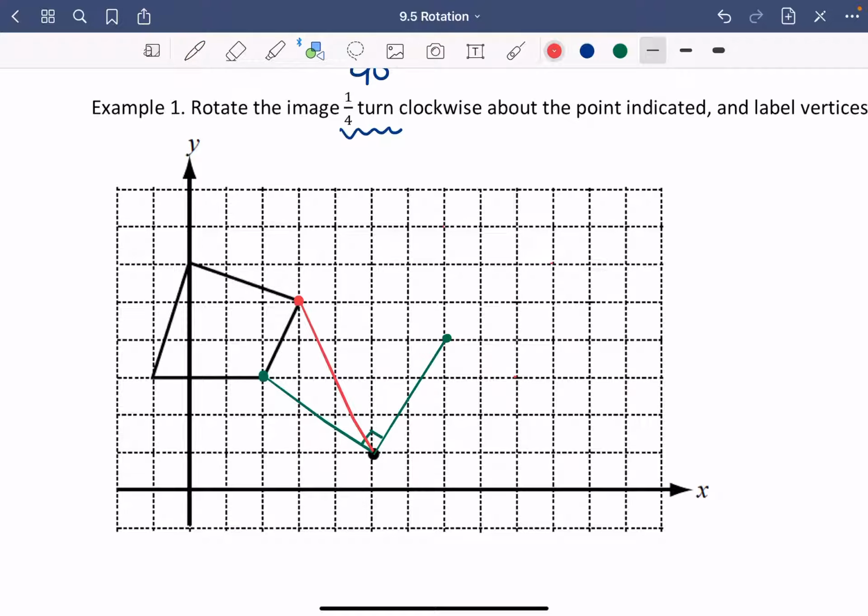Use another color and 90 degrees. Yeah, 90 degrees is about here. You can choose to do that to the other angles, or you can choose to see, okay, so if my green became here, then the pink will be the diagonal of 2 blocks of the units.